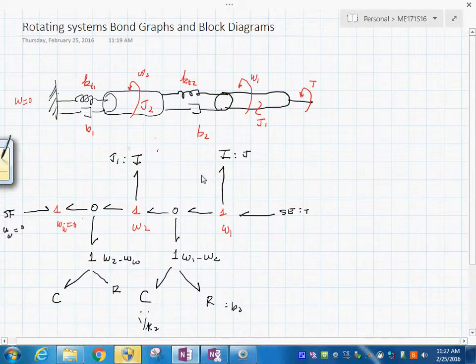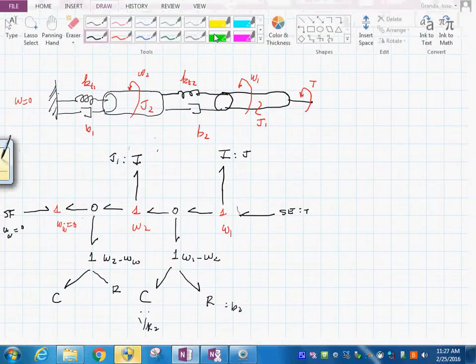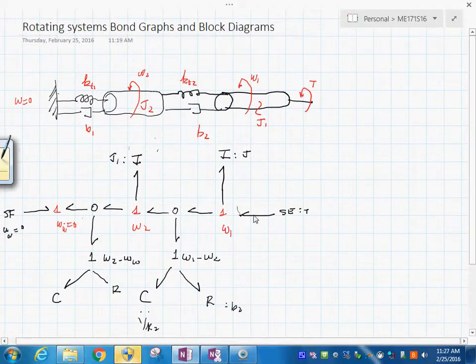Let me change colors here to make it more interesting. This is the causal mark. We put the I in integral form, and that makes this one like this. We go to the other I and put it in integral form. The flow going to this makes the other two like this.